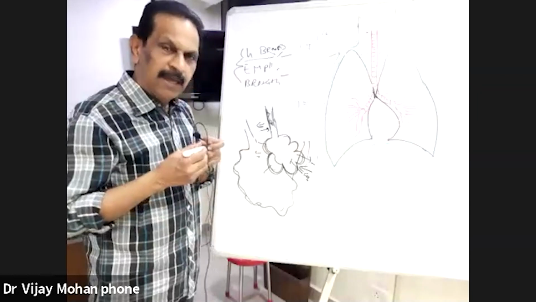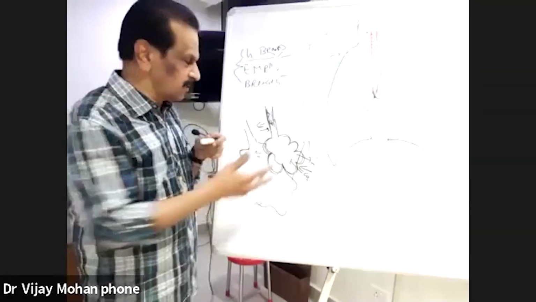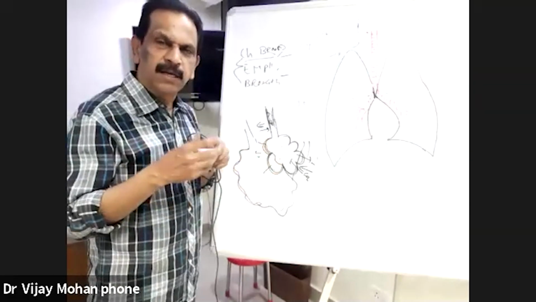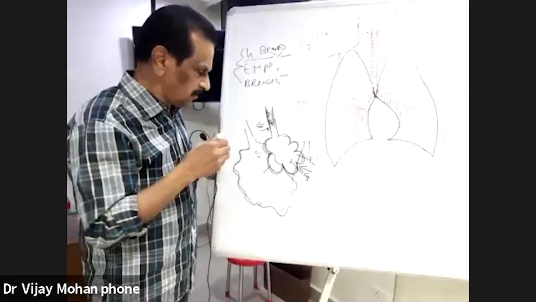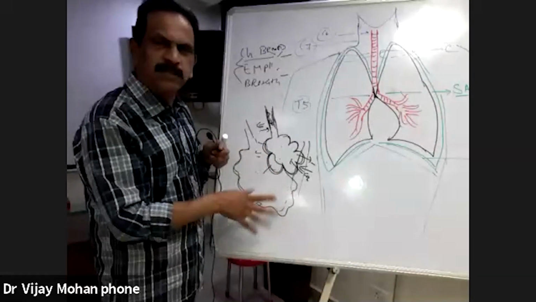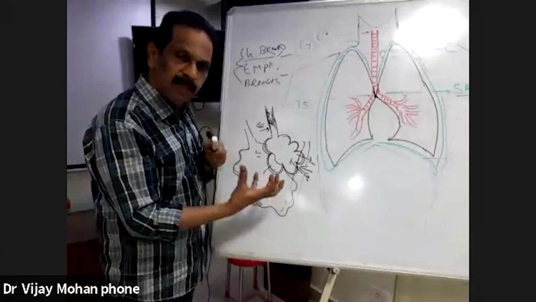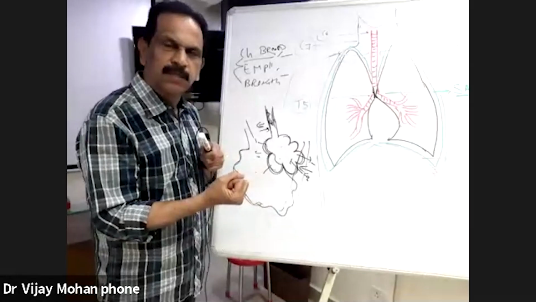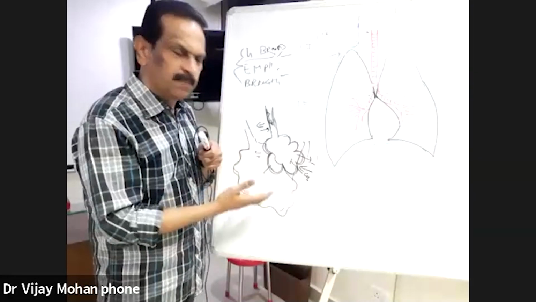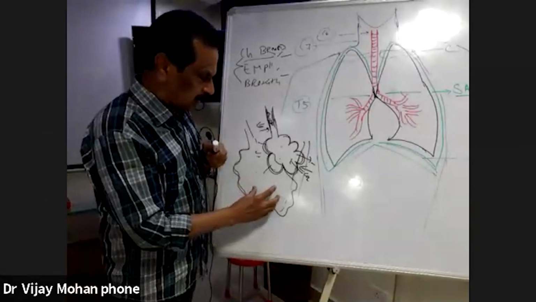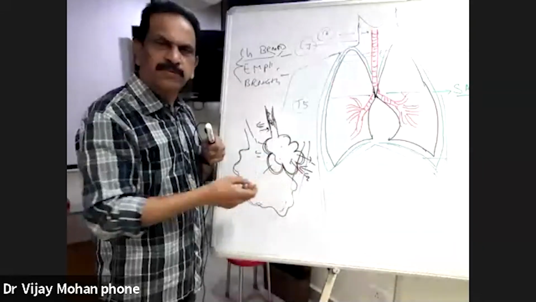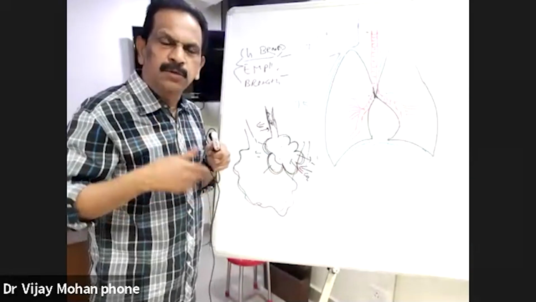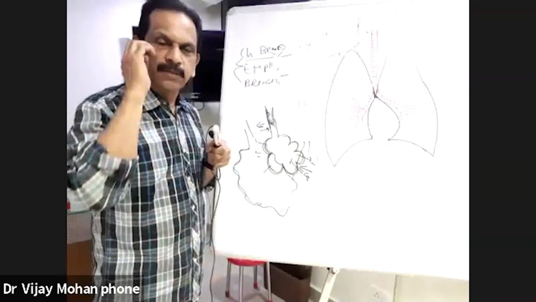We have elastins and anti-elastins in the lungs. These are the chemicals. The anti-elastins become more, elastin becomes less, and the lung recoiling mechanism gets disturbed, and the exhalation becomes difficult. That's why they have difficulty in breathing during exhalation.